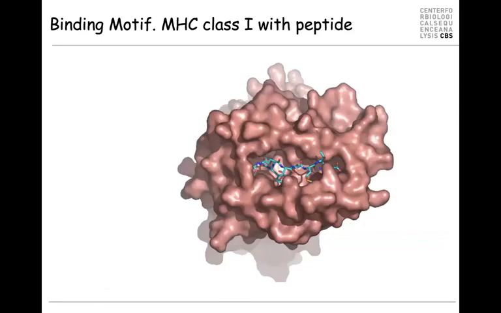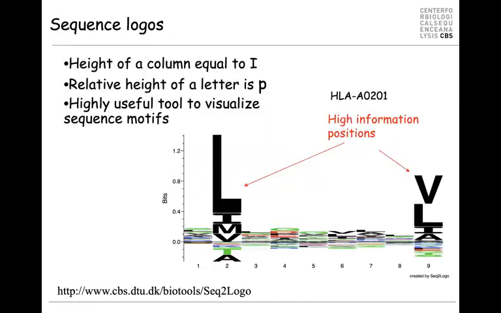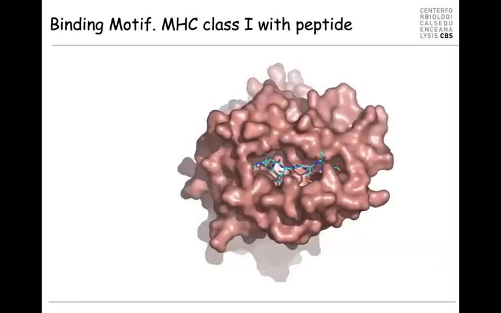So this is looking at the protein structure of this MHC molecule with the bound peptide. You will see that these information-content-rich positions, P2 and P9, are the ones where the binding takes place between the peptide and the MHC. Here, this is the second position. It is really hidden deep down in the binding cleft.